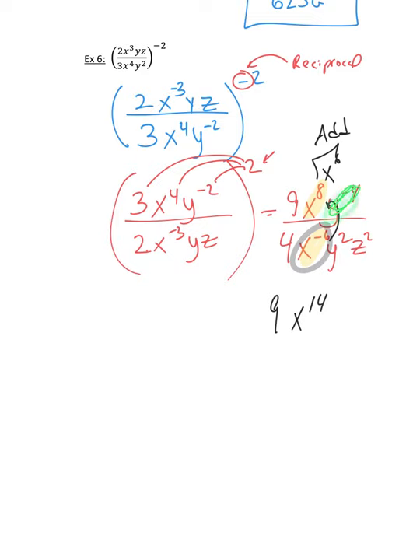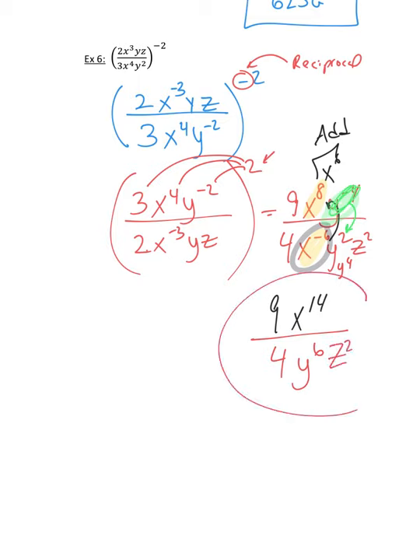So I'm going to move him down, right? It's going to be y to the 4th in the denominator. And then I'm going to add the exponents, so it'll be y to the 6th in the denominator. So I have 4y to the 6th. And then z squared doesn't have any other z's, so I'm just going to leave it in the denominator. And that's my final answer.